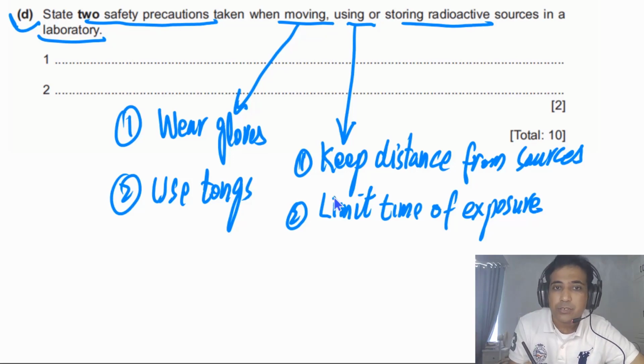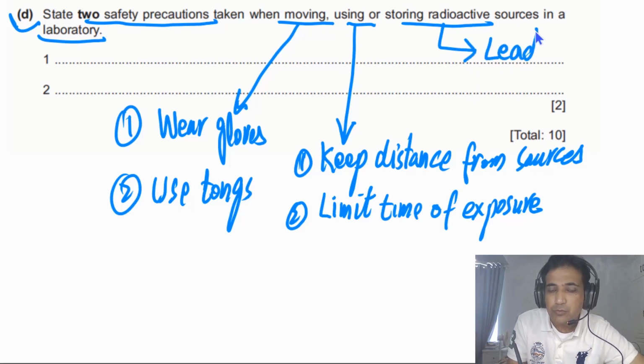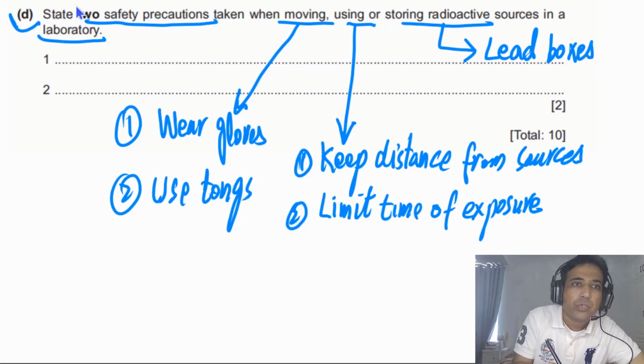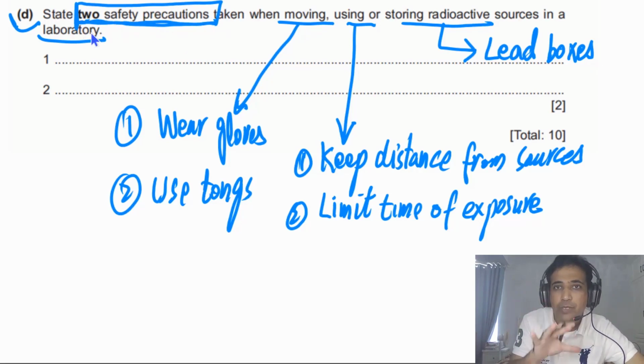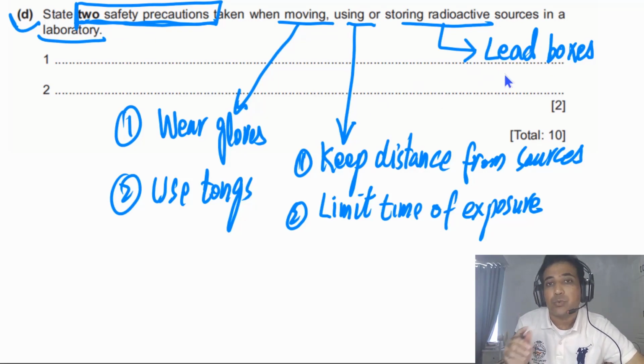Storing: we should store radioactive sources in lead boxes, or lead containers. For this question you need to write only 2 of them. We have talked about 5, so you can write any 2 of them.